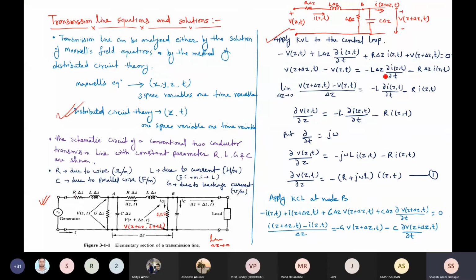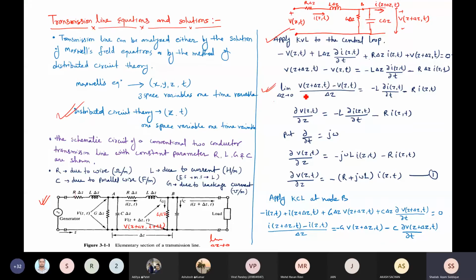Now after dividing by Δz on both sides, just apply the limit Δz tending to 0. This side we don't have any Δz, so no need to apply, but if you want, you can apply the limit on both sides.